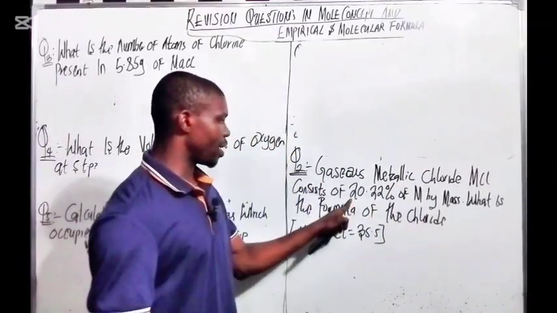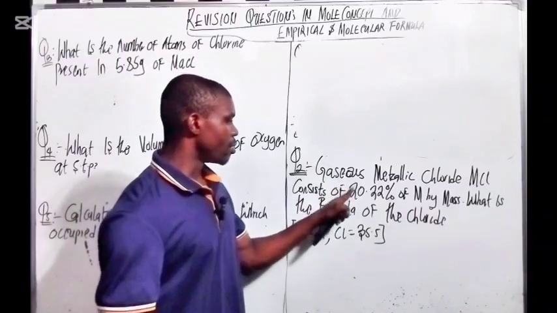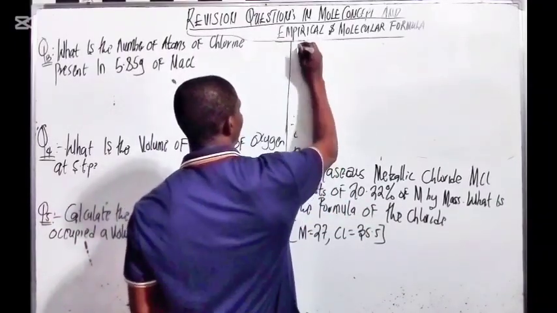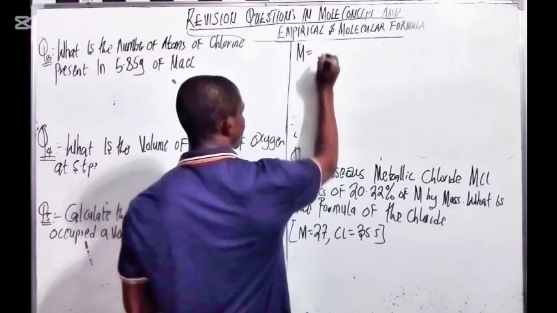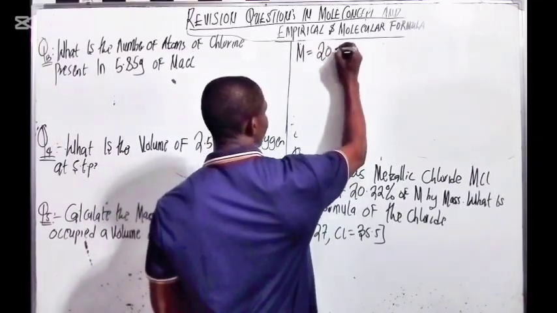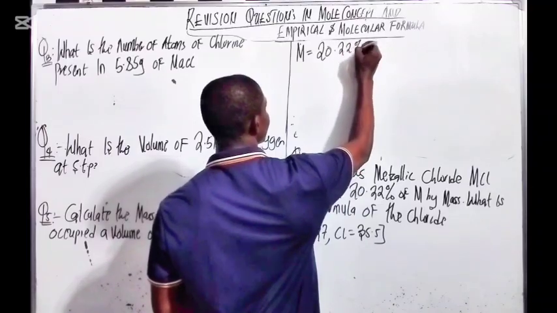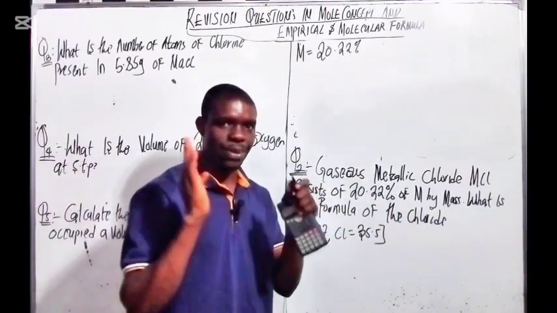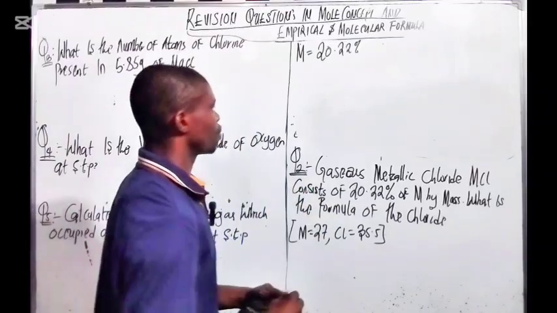If you check it very well, the percentage of M is 20.22%. What they ask us to calculate here is the empirical formula.